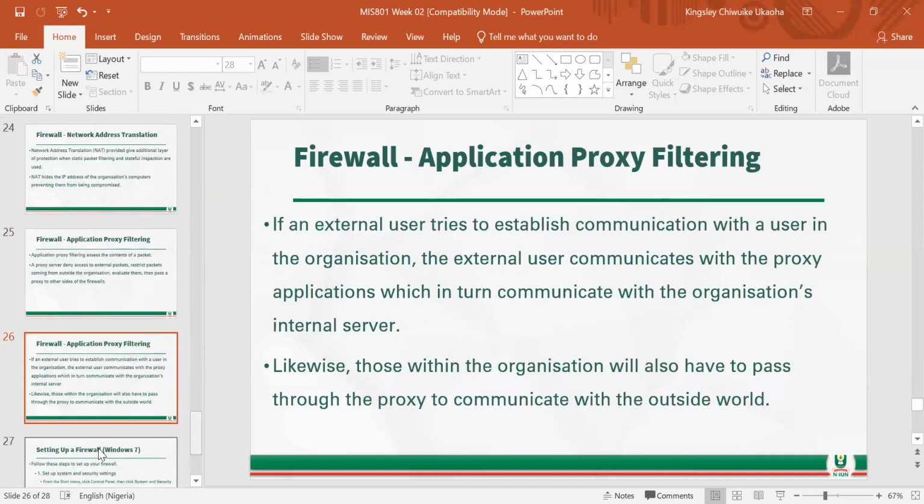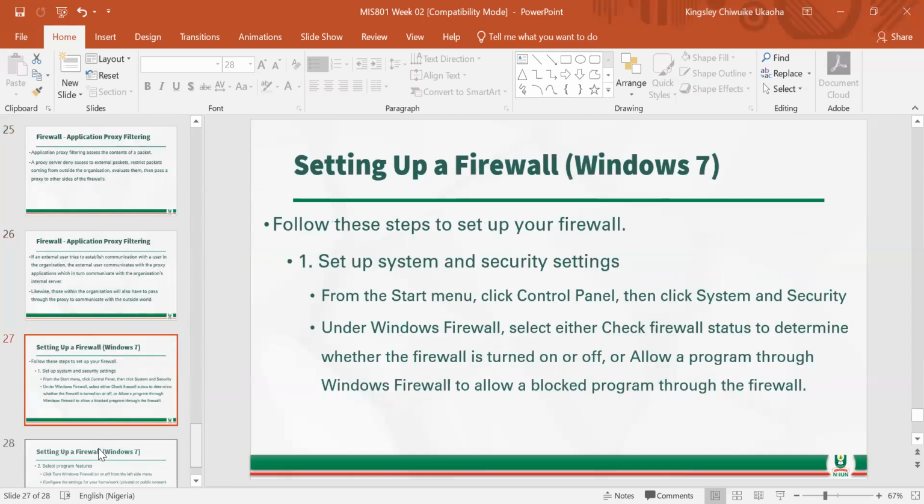If an external user tries to establish communication with a user in the organization, the external user communicates with the proxy application, which in turn communicates with the organization's internal server. Likewise, those within the organization will also have to pass through the proxy to communicate with the outside world.